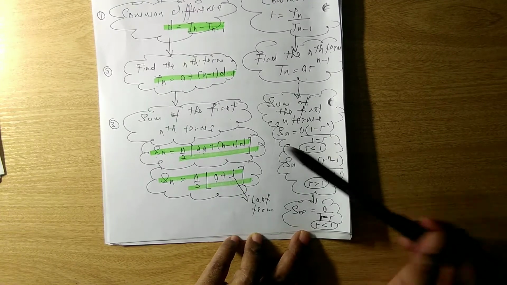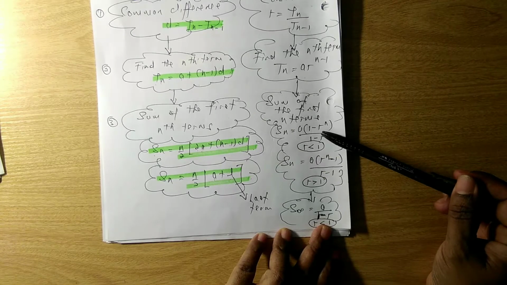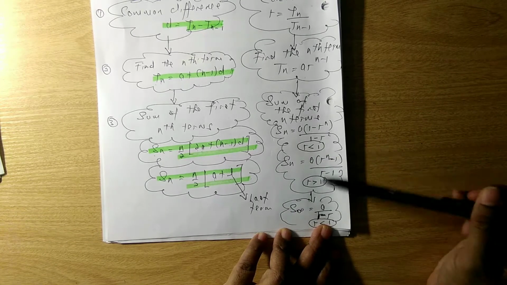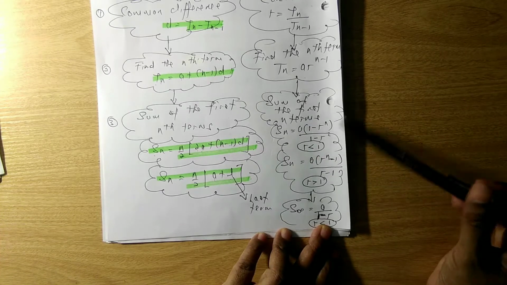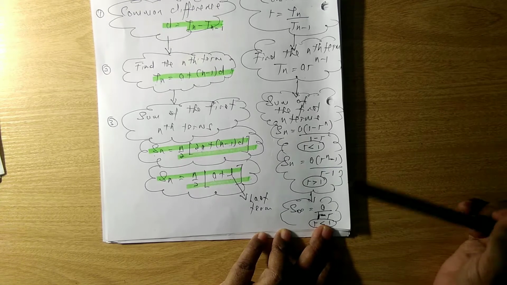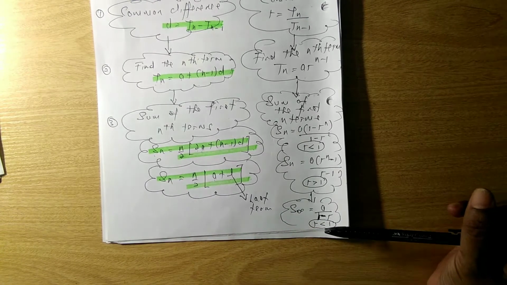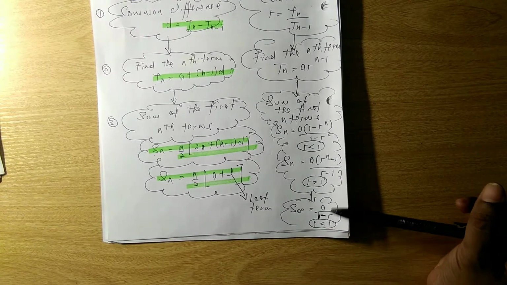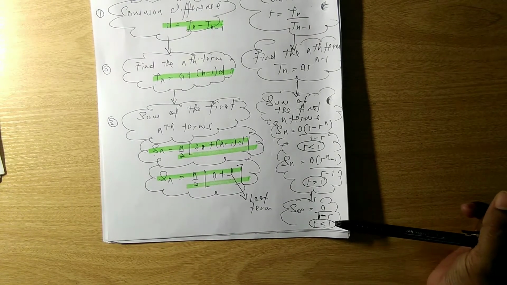Now for your GP, Sn, you've got two, depending on which value R takes: is it less than 1 or greater than 1? The last is the concept of sum to infinity. Sum to infinity is A over 1 minus R.